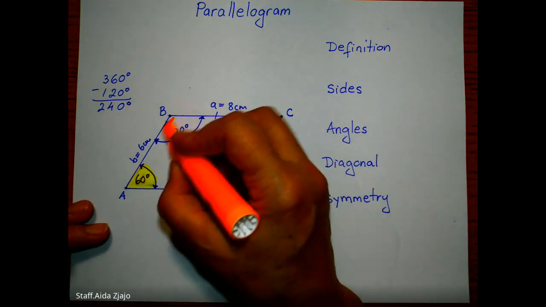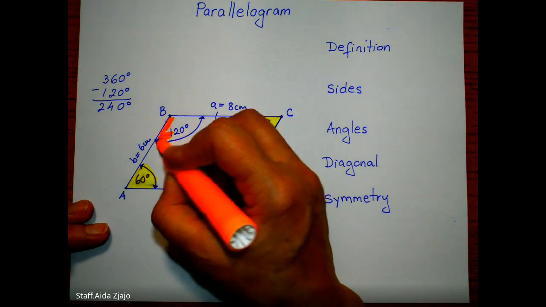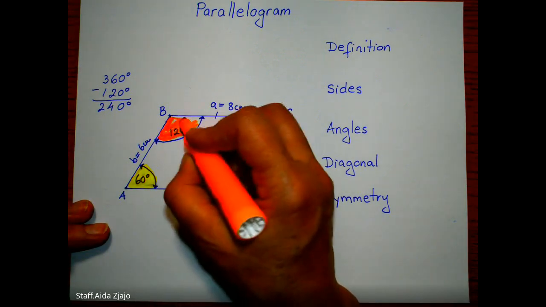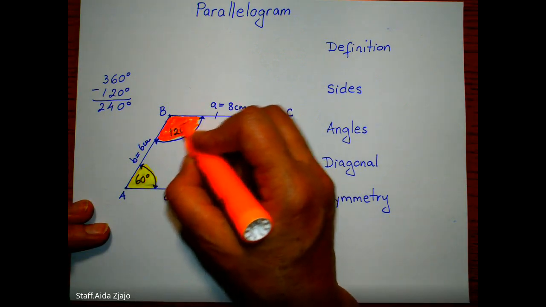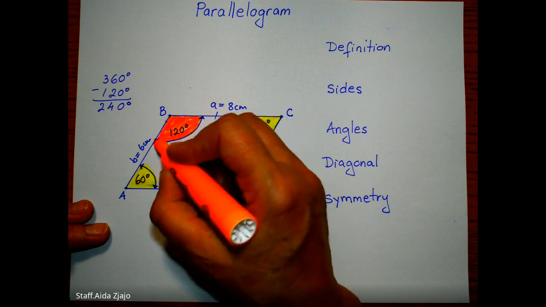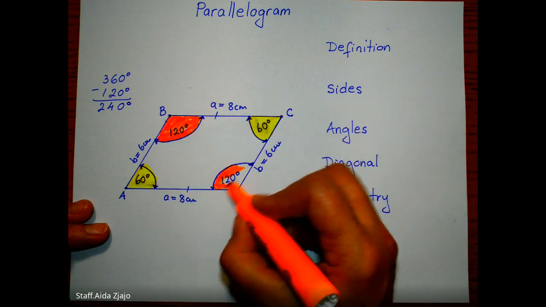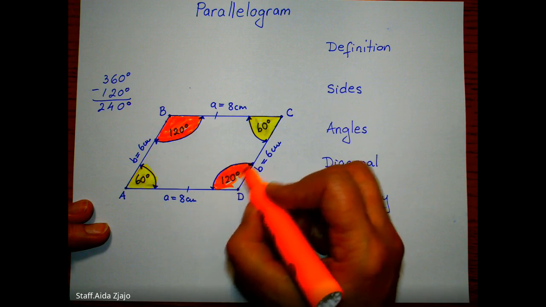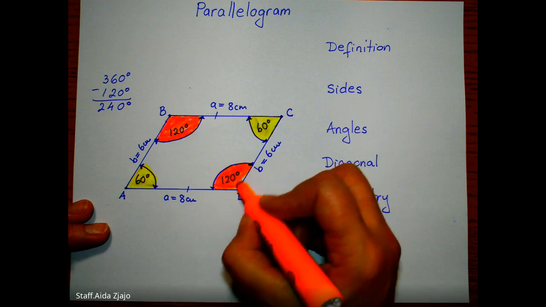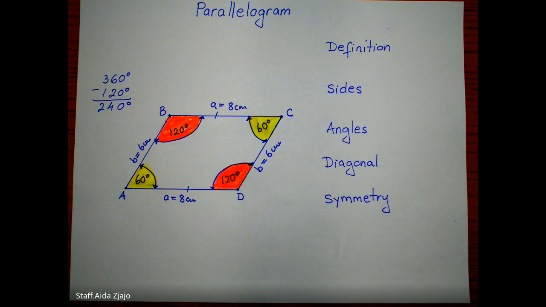So they're opposite and they are congruent, and the same is true for opposite sides in this parallelogram. The sides are not the same as each other, they are different.